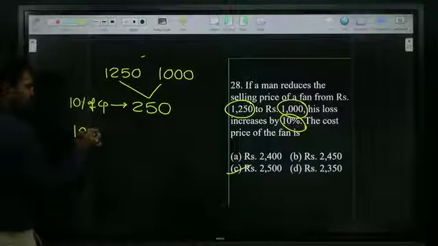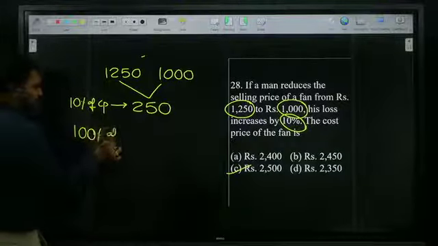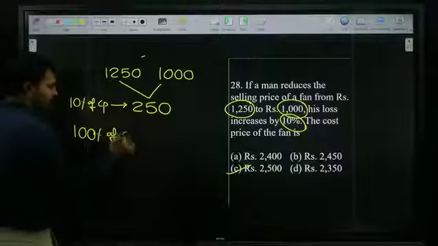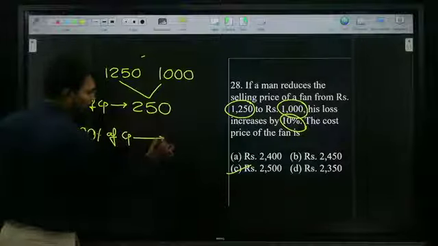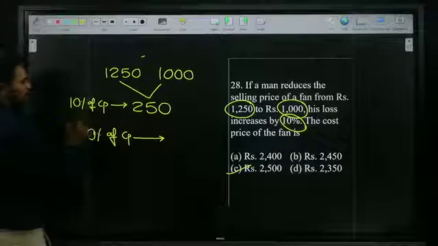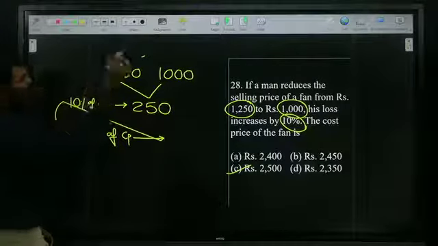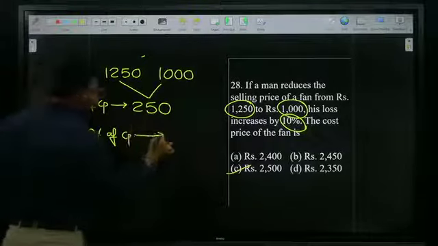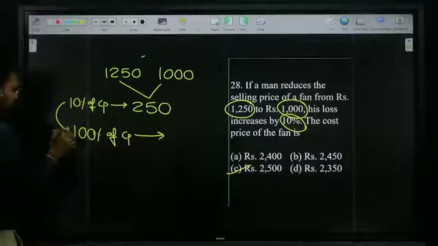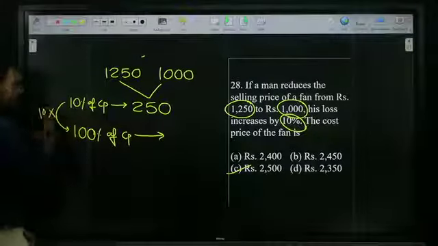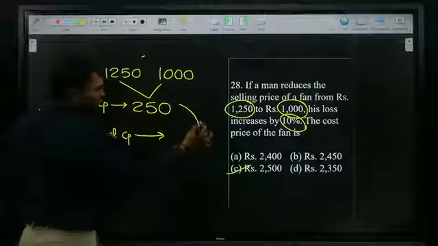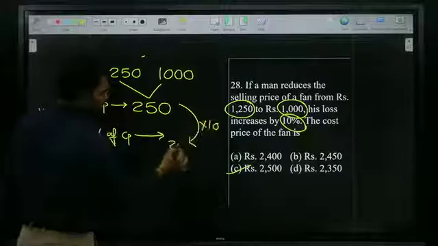Now I need 100% of CP. 10 how many times is 100? 10 times. Therefore 250 times 10 is 2500.